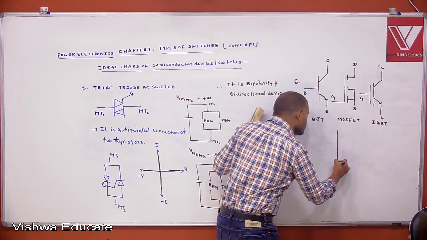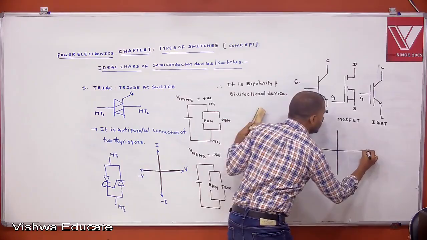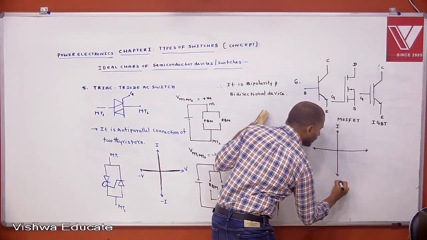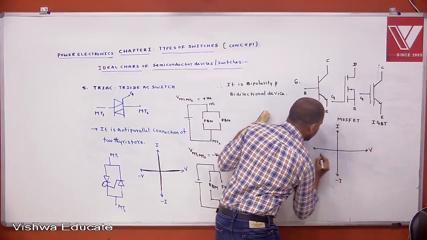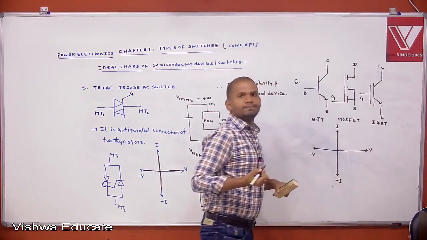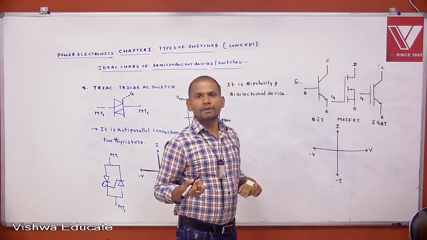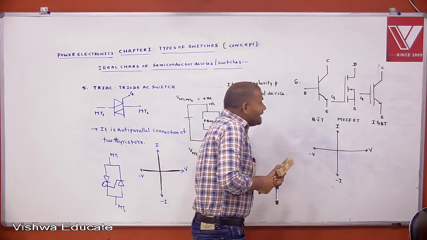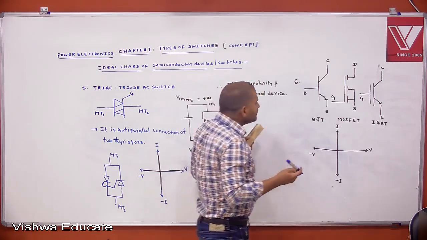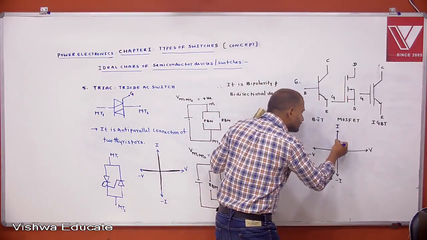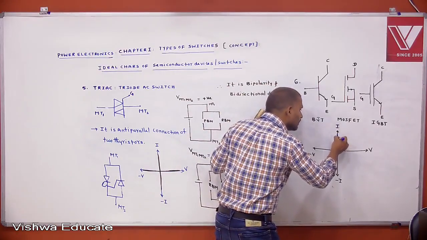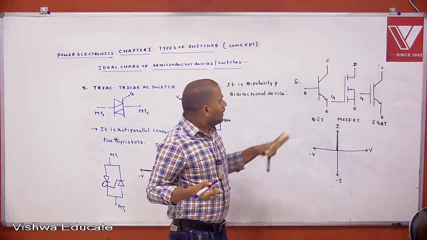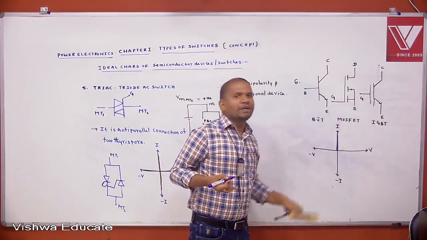No. This is I, this is minus I, this is V, this is minus V. Understood? There is no anti-parallel device, that's why it allows conduction only in one direction.